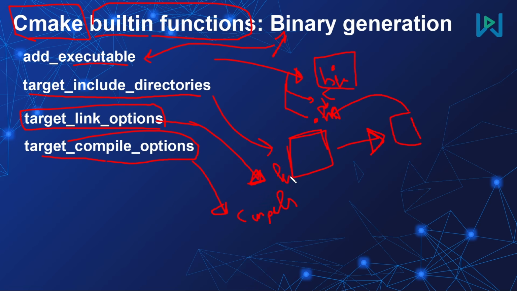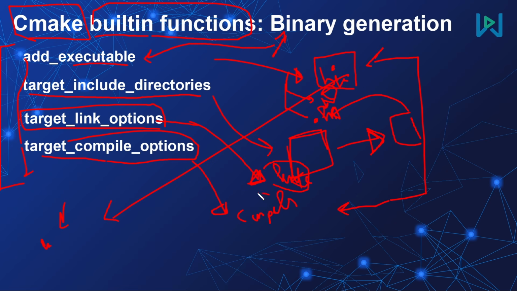And this is for the linker. And then during the configure stage, the CMake will parse the CMake list that will embed those built-in functions, and then create internal representations of the different sources, different headers, as well as which compiler and linker to be used, and the different compiler and linker flags to be used.